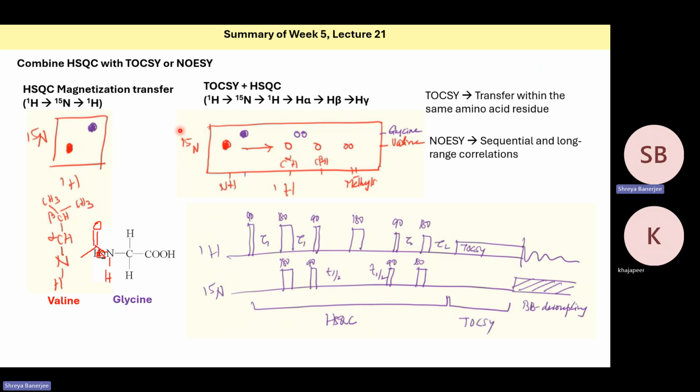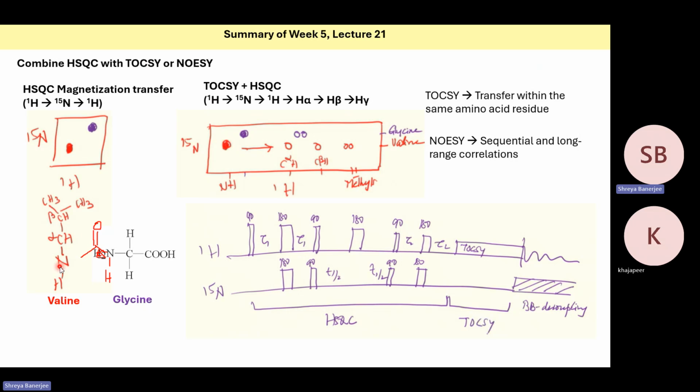Here, again, if you imagine 15N on the y-axis and 1H on the x-axis, the initial two peaks are the HSQC peaks between the amide NH and 15N. Now, after HSQC, when you have the TOCSY sequence, this red peak is the amide hydrogen of valine.